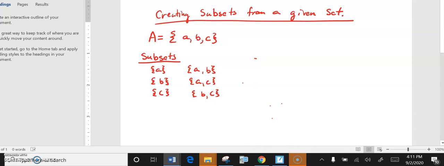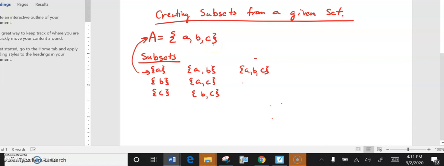Now, again, by definition, as long as the item that's in the set is in the bigger set, then it's a subset. Well, again, I could also say that if I take all three, A, B, and C, this would be a subset of A, right? Choosing everybody in the group would be a subset as well.